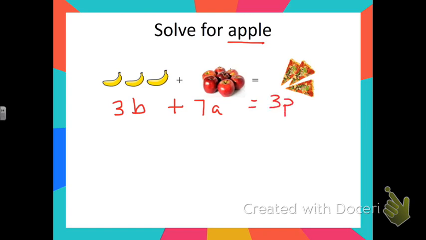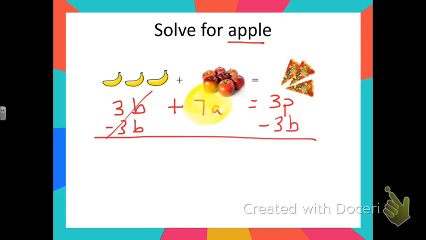Okay, so now I can follow my steps. I'm going to circle the term that has the apples. I need to get that by itself. So to do that, I'm going to subtract 3 bananas from both sides. So I have 7 apples equals 3 pizzas minus 3 bananas.